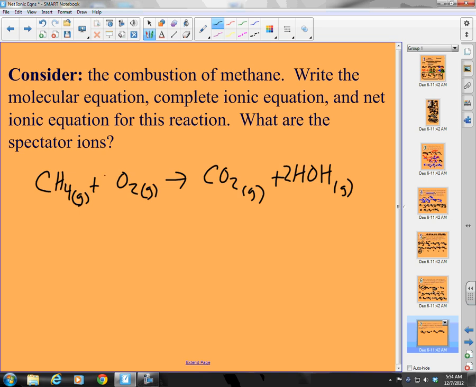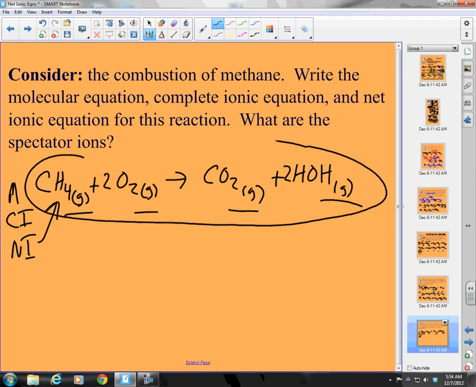I need 2 of these. Is that correct? Cool, I think it is. Now you can see right away, gas, gas, gas, gas. Does anything break up? No. So that is my molecular, it is my complete ionic, and it is my net ionic. It's the same thing for all of them because nothing is aqueous. Trick question, kind of. Yeah, I guess it was.